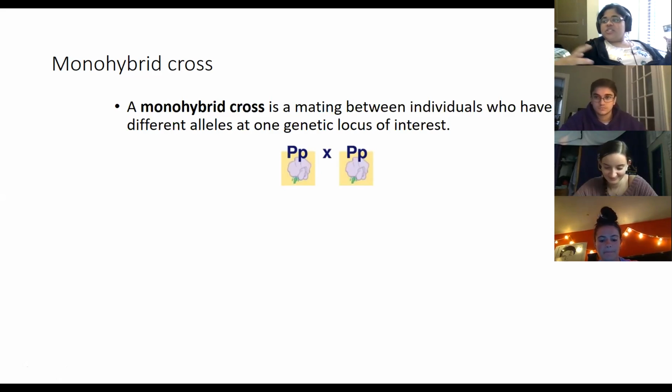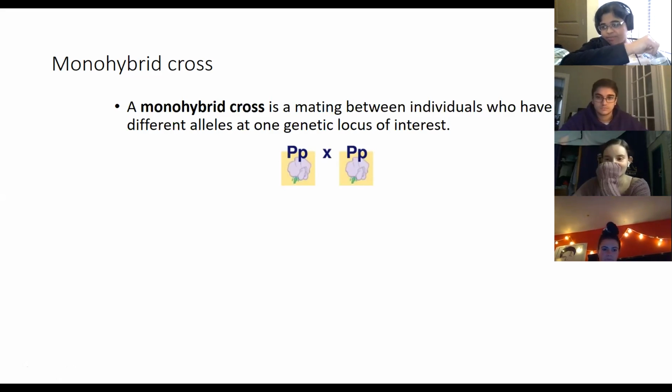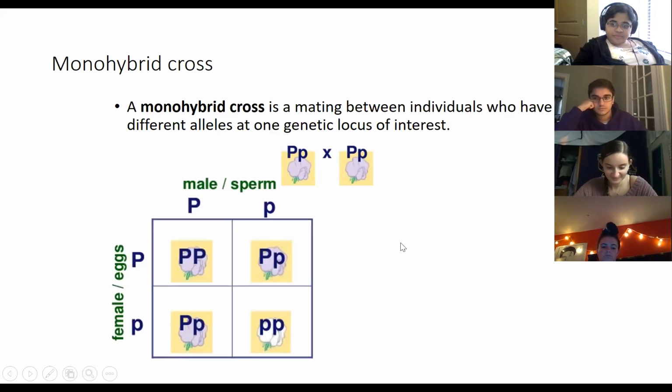So essentially you're looking at one trait. You're crossing for one trait, okay? In this case, this is the color of the flower. We have two heterozygous flowers, so this would be a monohybrid cross.